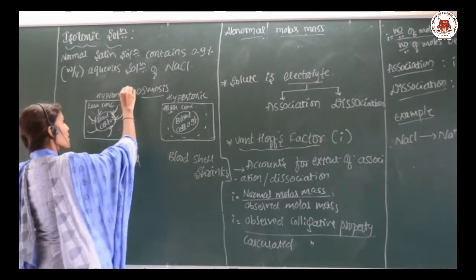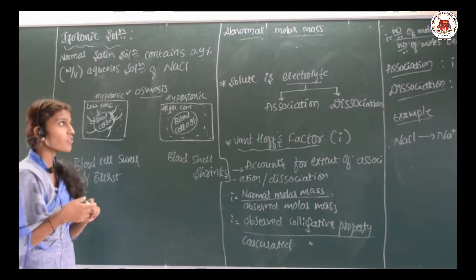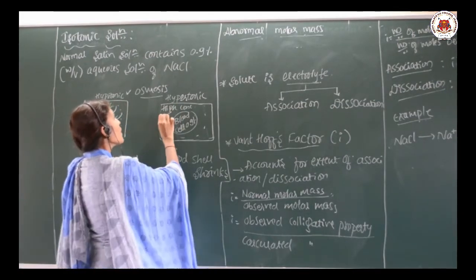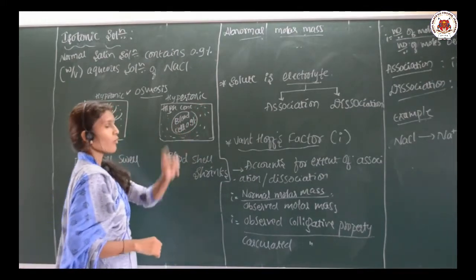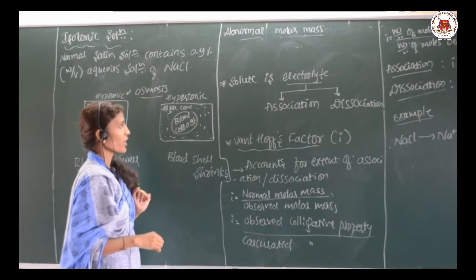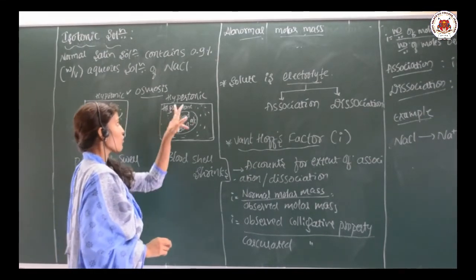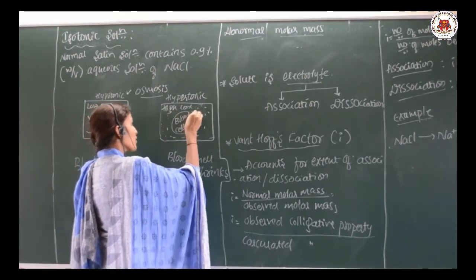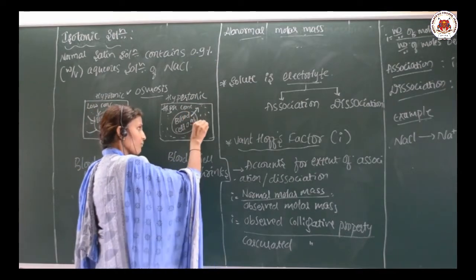Suppose the blood cell is kept in the hypertonic solution. It means a higher concentration of the solution is maintained than the 0.9%, more than 0.9%. During that time osmosis also takes place, and the solvent starts moving from lower to higher like this.